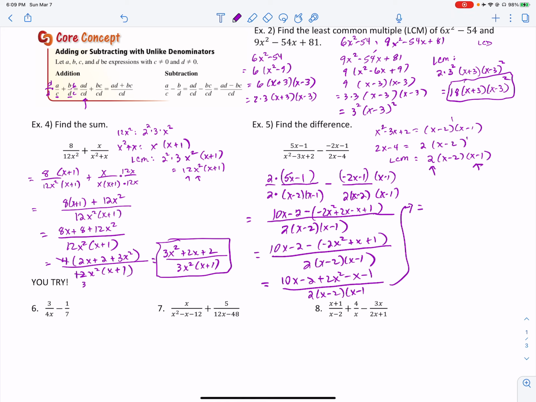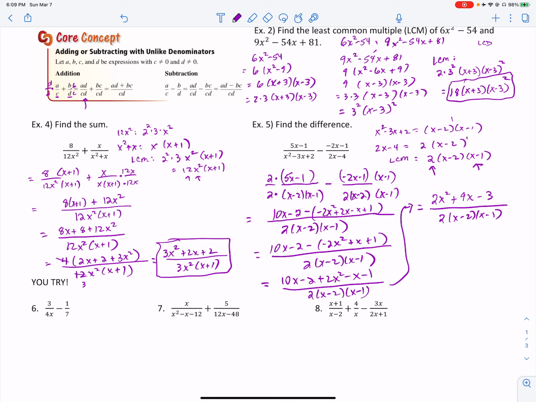And then in the numerator, I can write that as a 2x squared plus 9x minus 3 all over 2, I forgot a parenthesis down there, x minus 2, x minus 1.